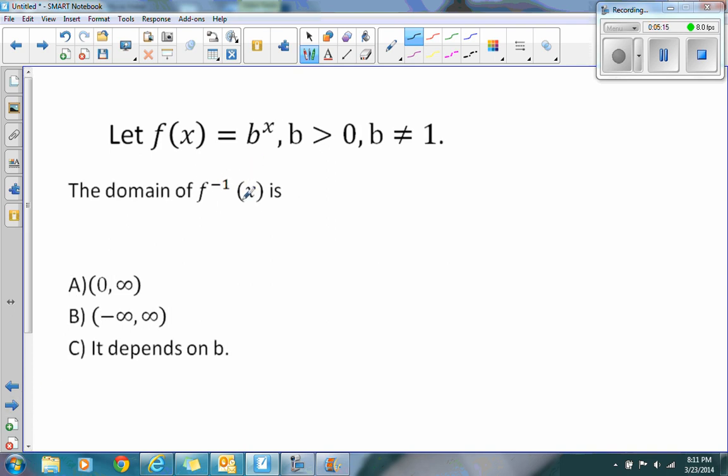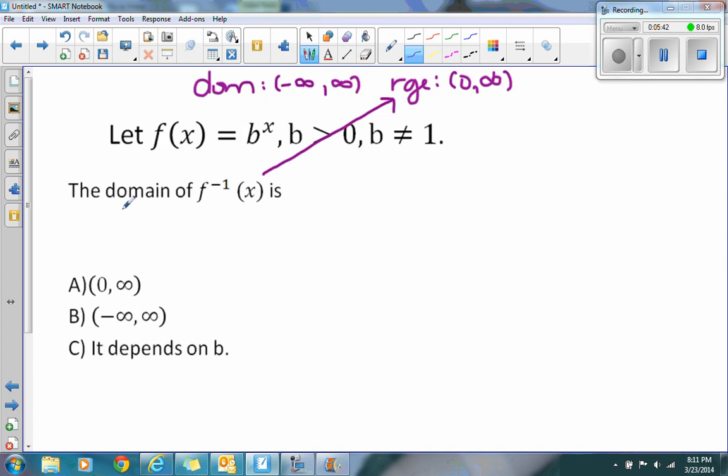So if we look at the inverse of those functions, we said the domain of b to the x is all real numbers, and that the range was the set of positive numbers. When we have an inverse of that function, if a function has the inverse, then they just flip-flop.